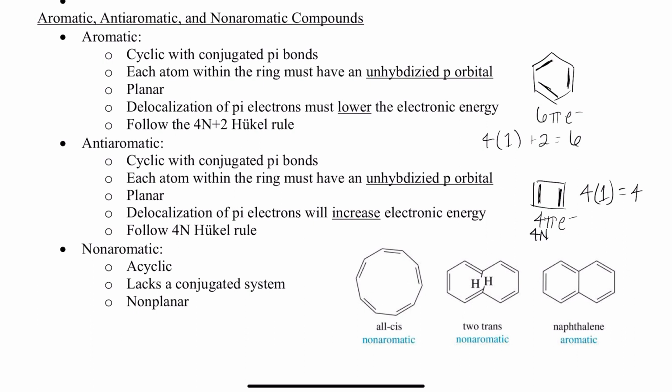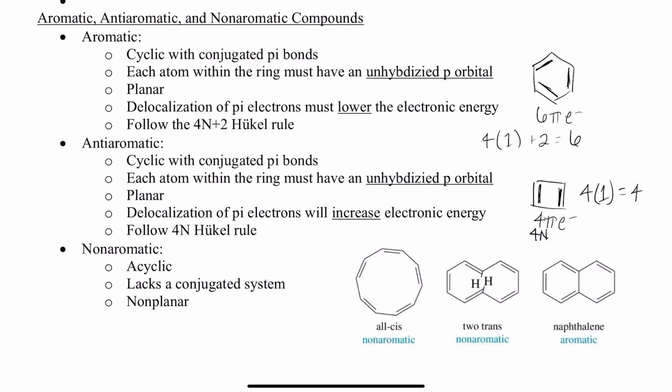Now, non-aromatic compounds, instead of being cyclic, they'll be acyclic instead. They can lack a conjugated system, or they're going to be non-planar. They don't necessarily require all 3 of these components to be non-aromatic.